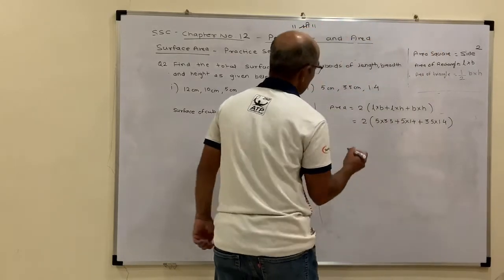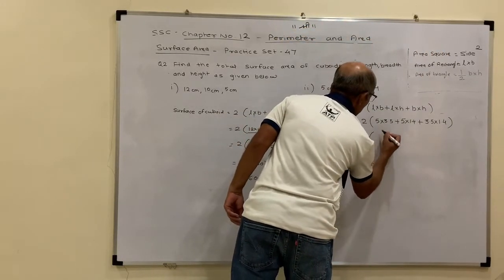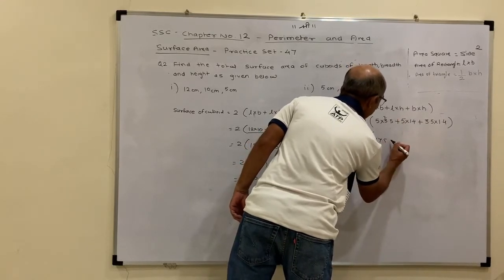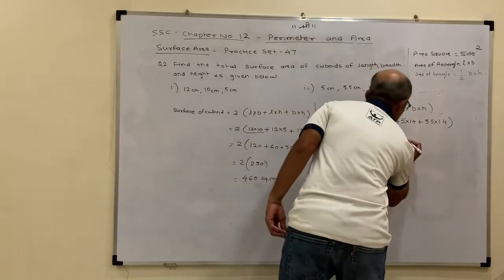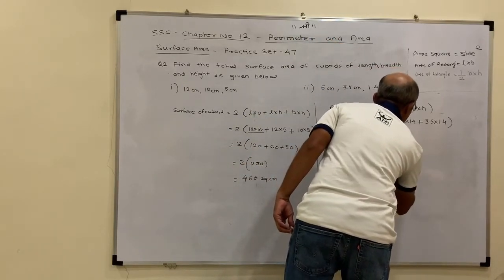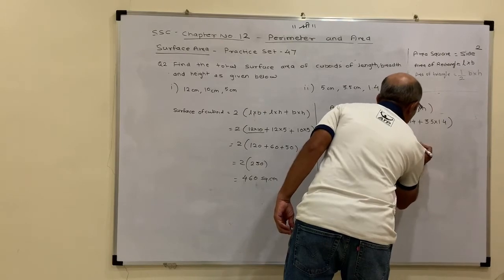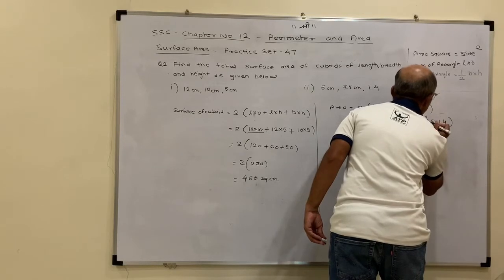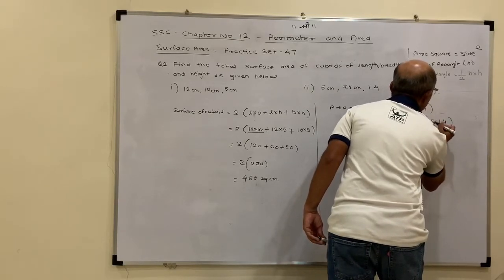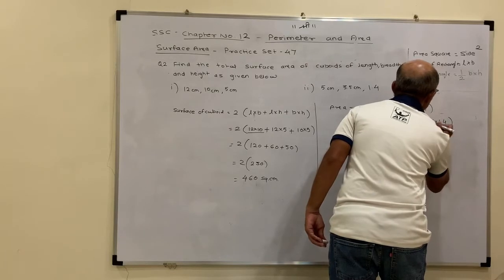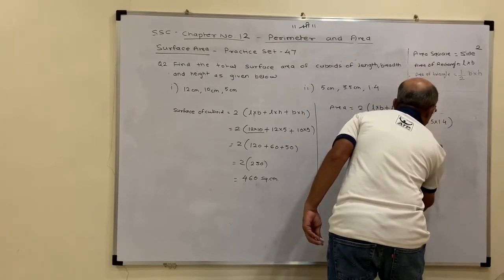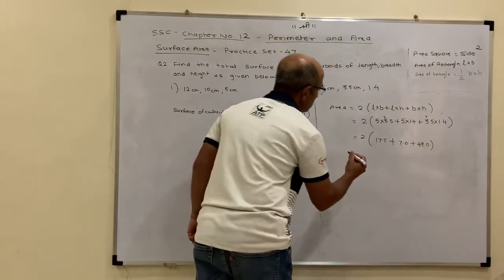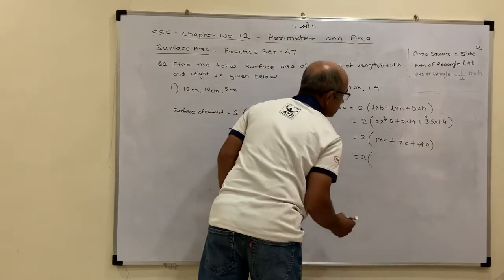So here 2 into 5 5s are 25, 17.5 plus 7.0 plus 4.9. So it comes out to be 2 into 29.4.